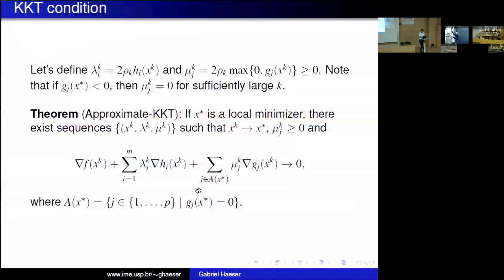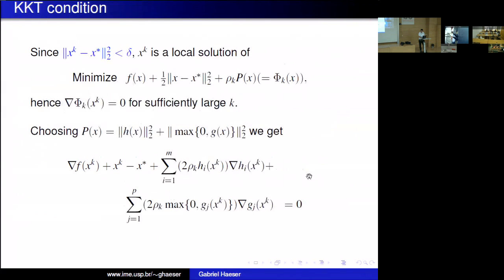So I can compute this sum only on the active indices of inequality constraints in the limit point x star, and this will go to 0. Okay, because of this formula here. This is our lambda k, this is our mu k, and this term here is going to 0.